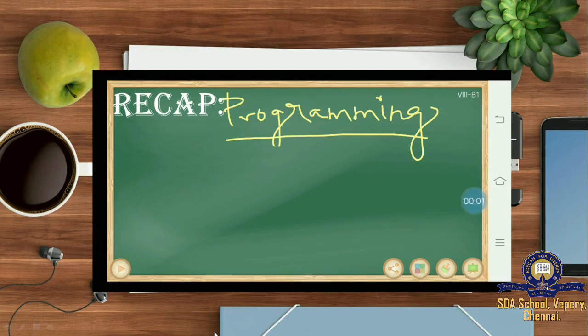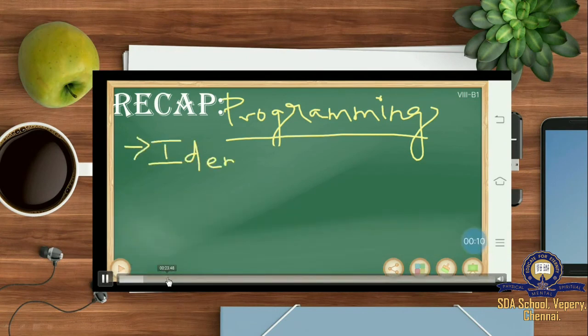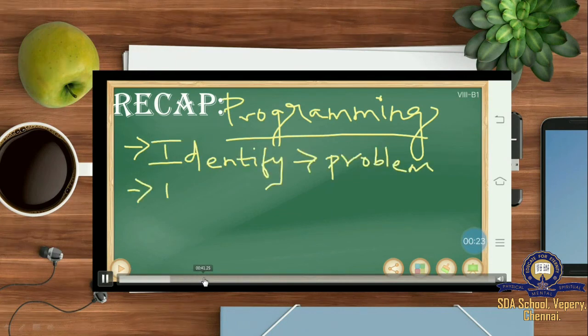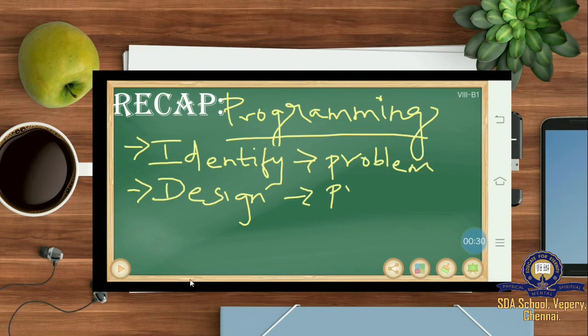Programming has 5 steps. What are they? First one, identify the problem. Second one, design a program.